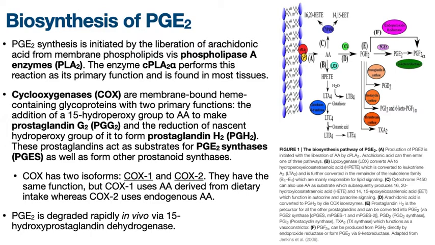Now, we need to understand how prostaglandin E2 gets made. Looking at the biosynthesis of it, it's first started, as that previous slide showed, by the liberation of arachidonic acid from membrane phospholipids via phospholipase A enzymes. That's our PLA2 enzymes. There are three subclasses of this enzyme, but there's one we want to focus on, which is cPLA2 alpha. It performs this reaction of liberating arachidonic acid from the membrane as its primary function, and it's found in almost every tissue in our body.